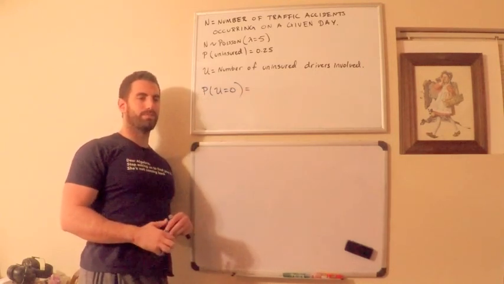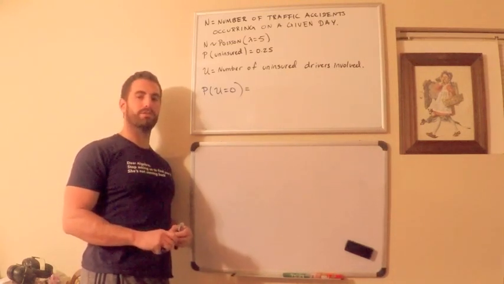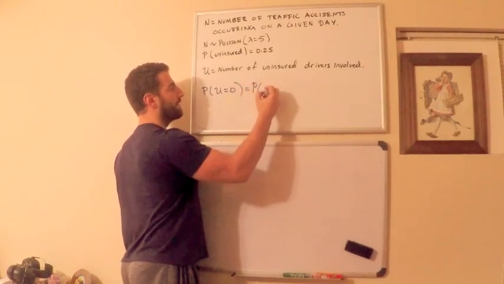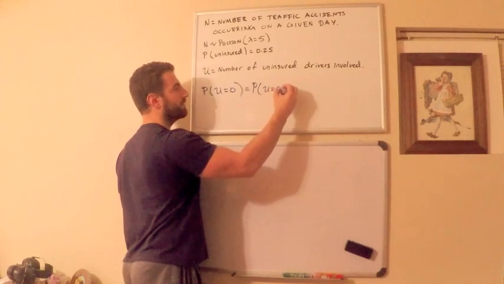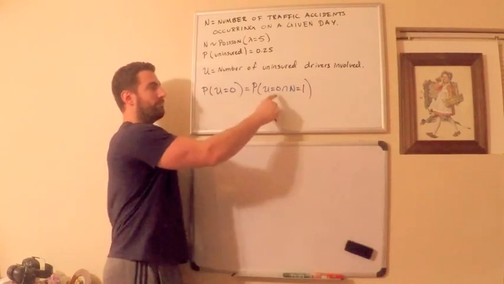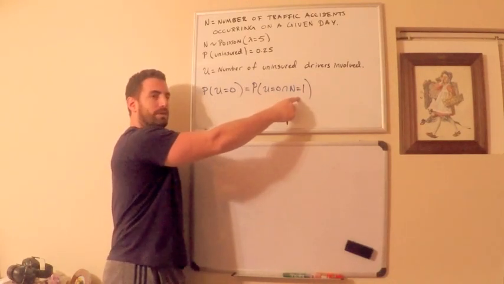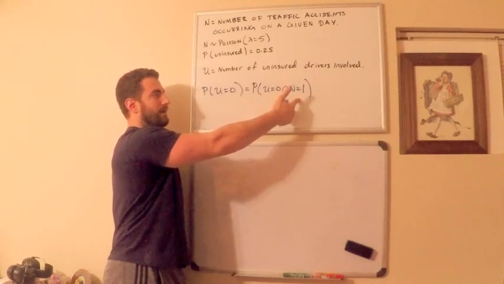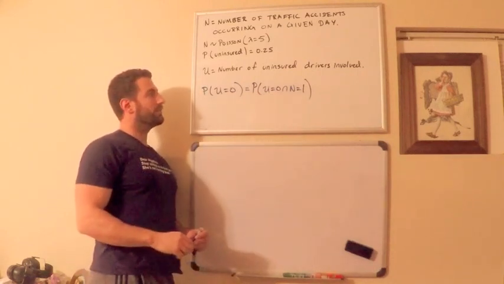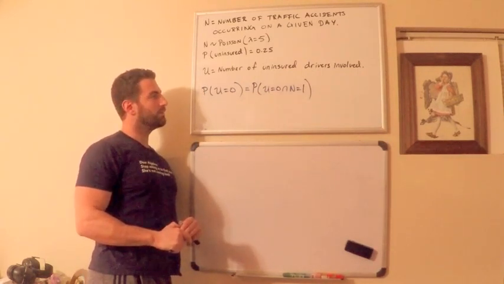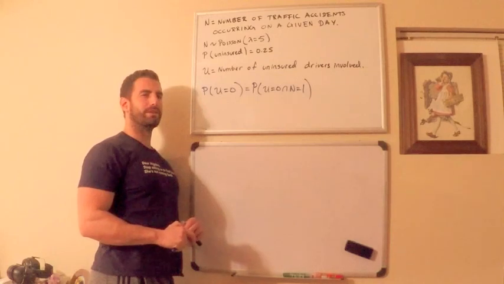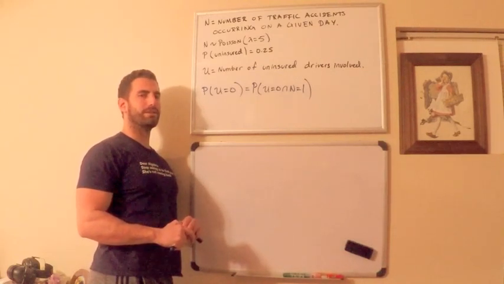So the first thing, just thinking about this logically, is that the probability that there were 0 uninsured drivers involved is equal to the probability that there were 0 uninsured drivers and the number of accidents was 0. What would that probability be? If there are no accidents, then the probability that there are 0 uninsured would be 1.